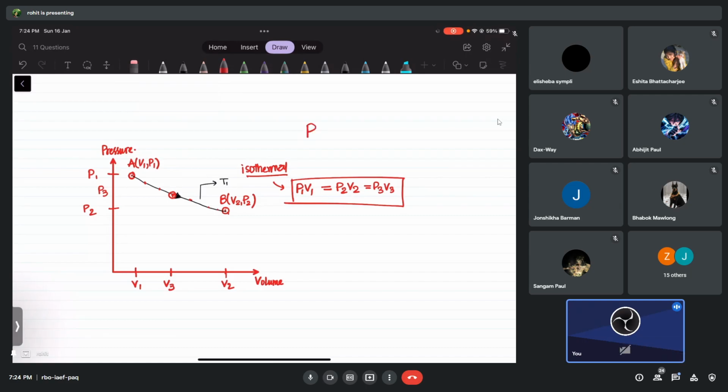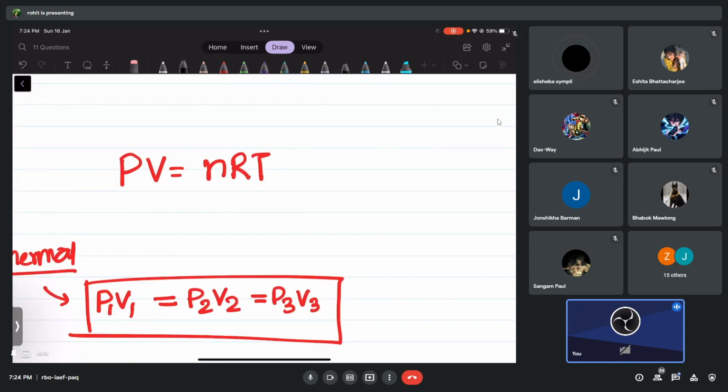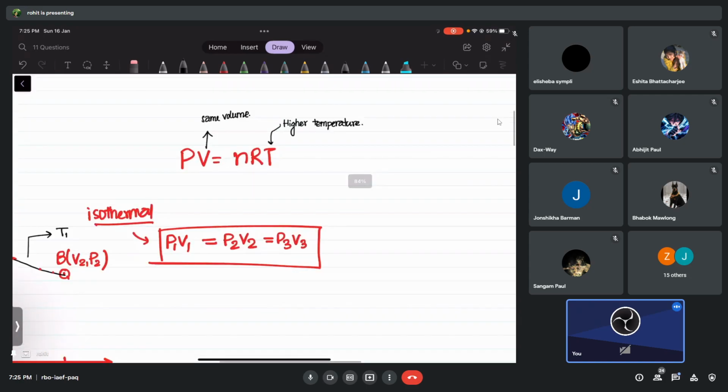Then check: if I write PV equals nRT, look at this and tell me, if I start with the same gas at a higher temperature, and I start with the same volume, just like this gas where we have V1, think and tell me.